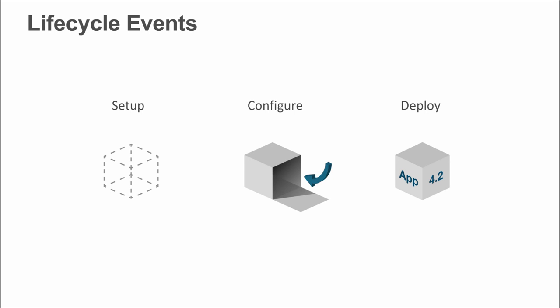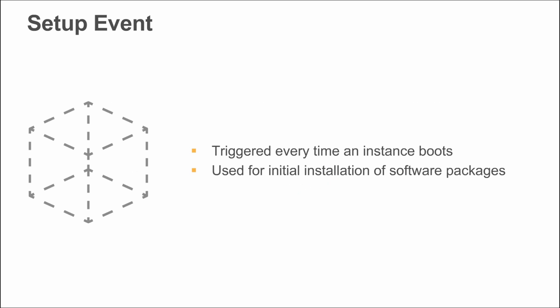To give an example, let's assume I have an application, which is a stack, and it has 3 tiers or 3 layers. Each one of these layers will have these lifecycle events: setup, configure, and deploy. There are some more, but we'll focus just on these ones at this point.